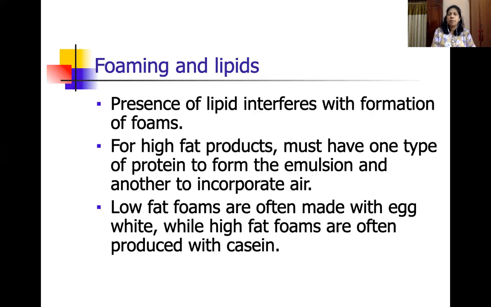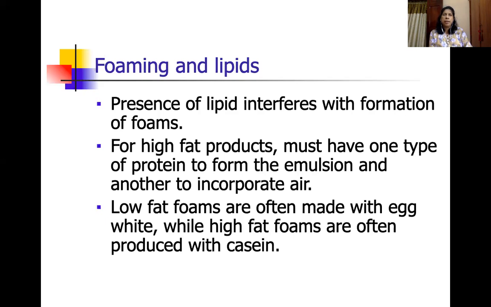High fat products must have one type of protein to form the emulsion and another to incorporate air. That means if the product has high fat, and you want to incorporate air into it, in such a situation you need two different types of proteins. Low fat foams are often made with egg white, while high fat foams are often produced with casein.